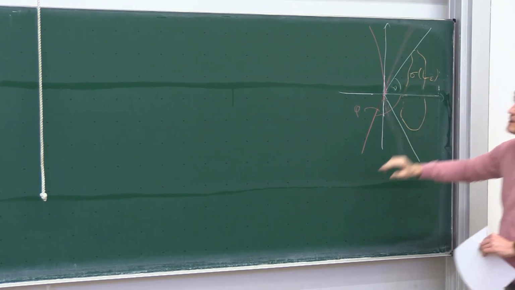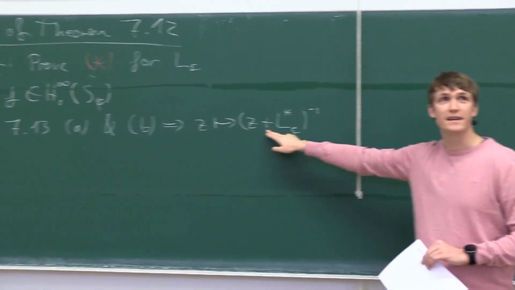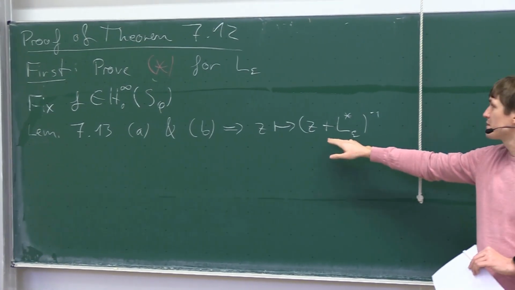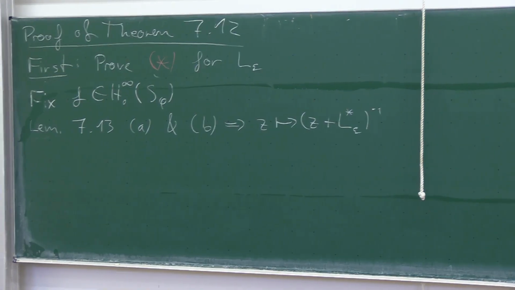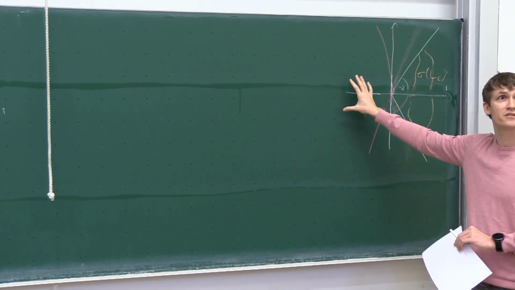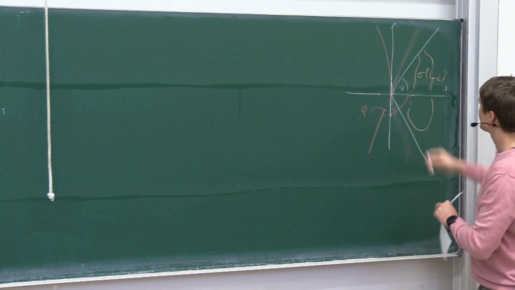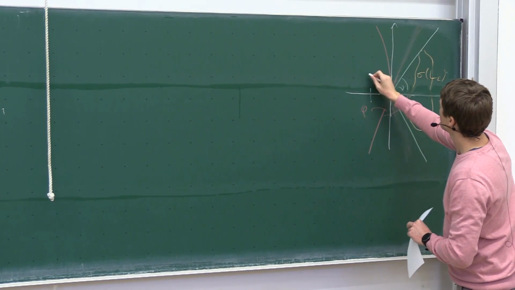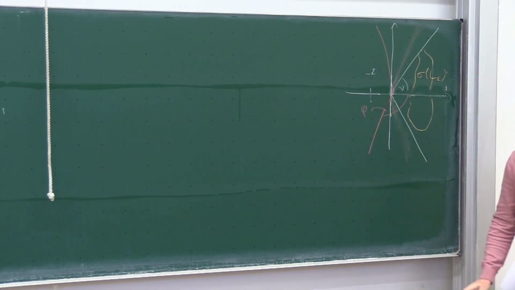And then we don't have here a minus but a plus, so it means that actually we consider the resolvent of minus L epsilon star, which means that if we consider minus L epsilon star, we would also reflect the whole spectrum here to the left-hand side. And it means that the spectrum would lie to the left of minus epsilon.